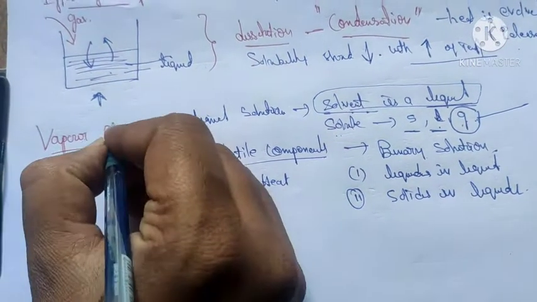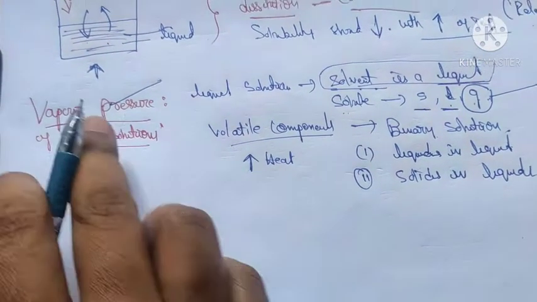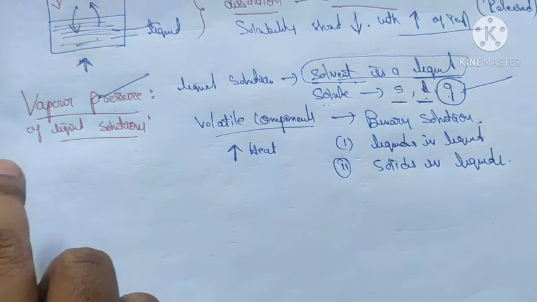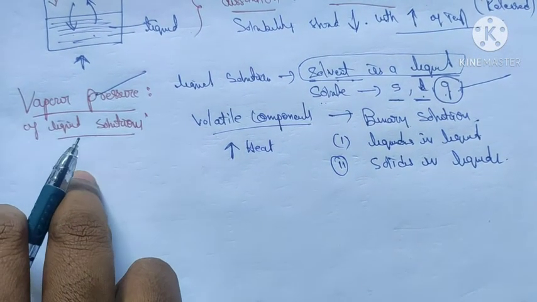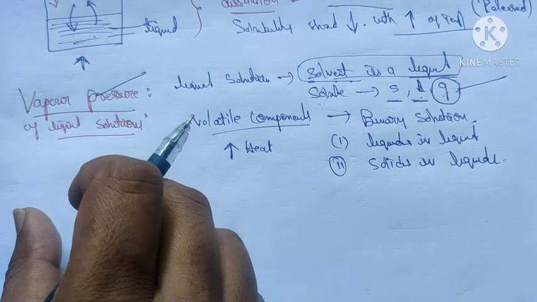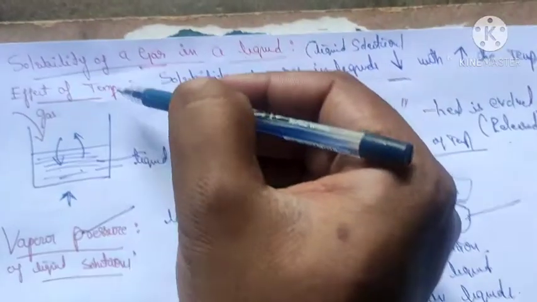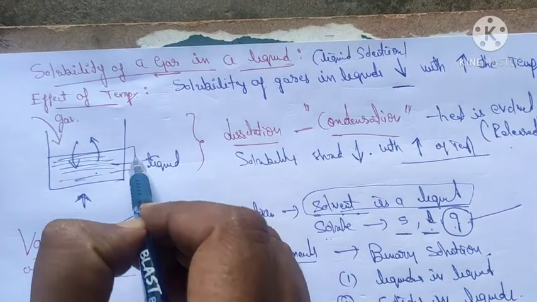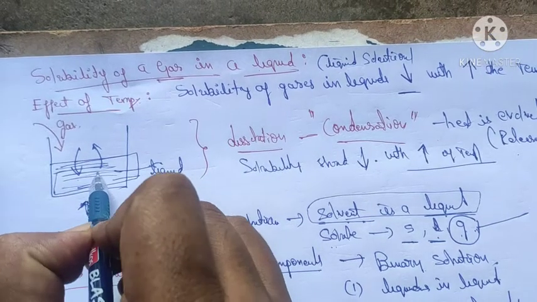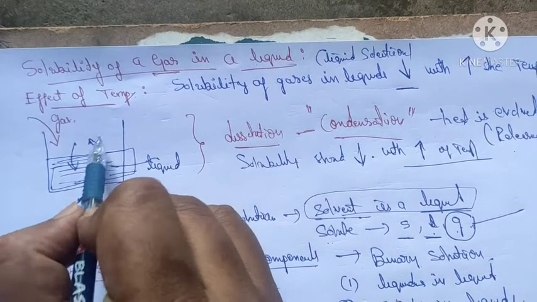What about vapor pressure? Vapor pressure means the pressure exerted by the vapors above the liquid phase. This is the liquid phase, this is the vapor phase.